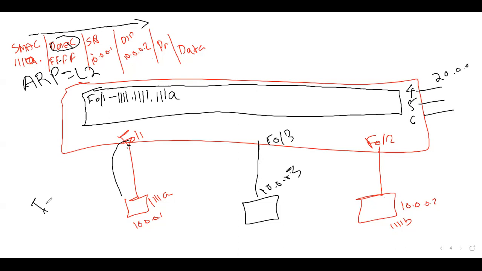We call this a frame because of layer 2. It says 10.0.0.2, not 10.0.0.3, so it will discard the whole info. Come back to F0/2. F0/2 looks at its own IP, which is 10.0.0.2, and checks the destination IP of the received frame, 10.0.0.2. It got matched.